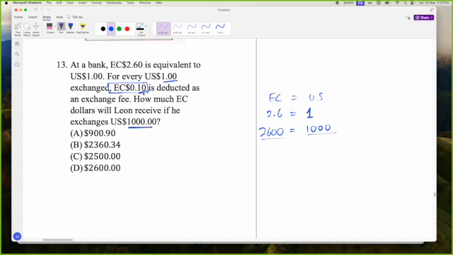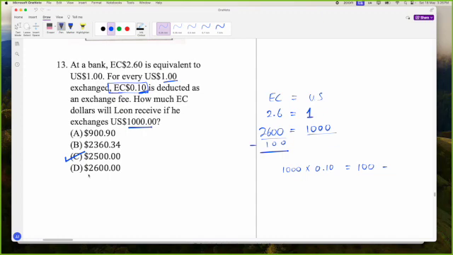We have 10 cents, right? So for $1,000 multiplied by 0.10, that means he'll have 100 EC being deducted. And so this minus 100 will give you 2,500.